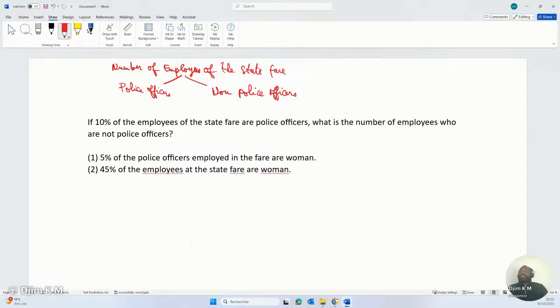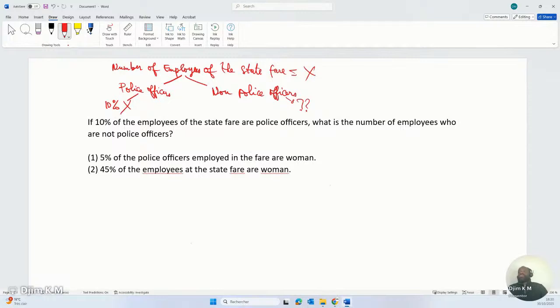Here they represent 10%. So if the total number of employees is X, the police officers represent 10% of X. And this is what we are asked to find: what is the number of employees who are not police officers?